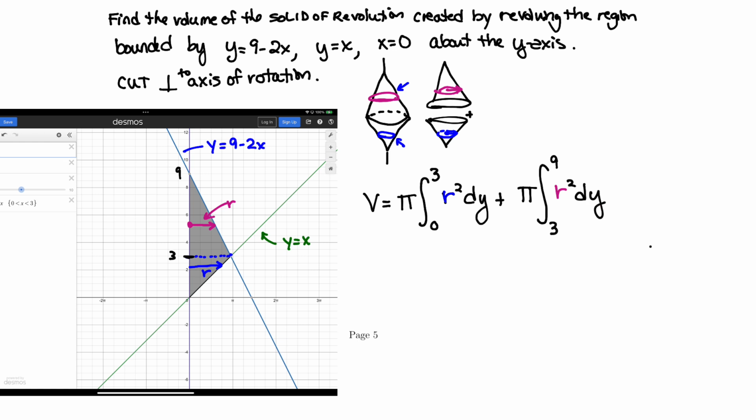And you guys know that you can't put a function of x in if you're integrating for y. You have to solve for x, right? So actually 2x equals 9 minus y, or x is 9 minus y over 2. And x equals y.